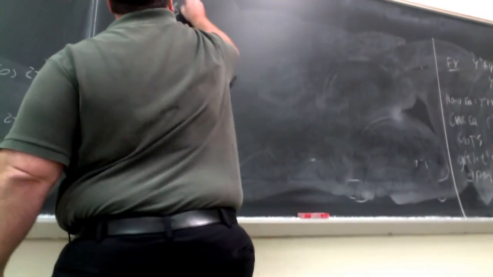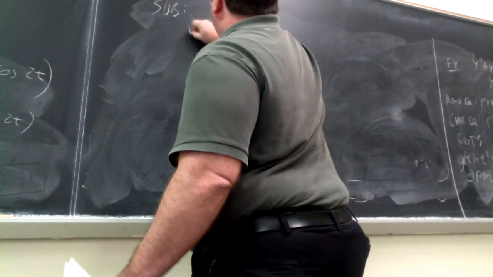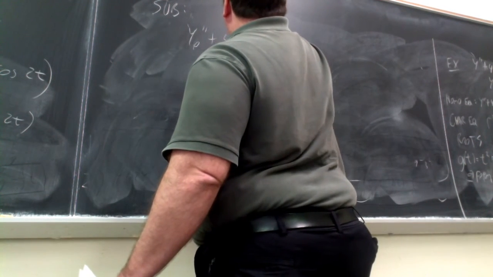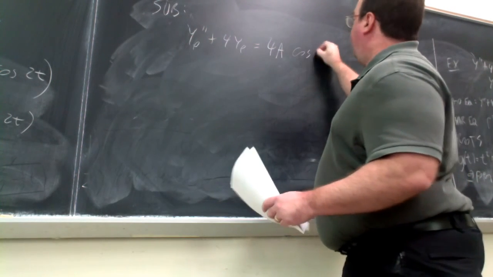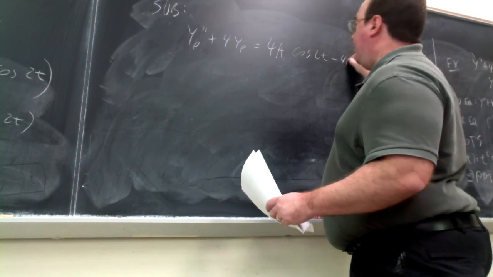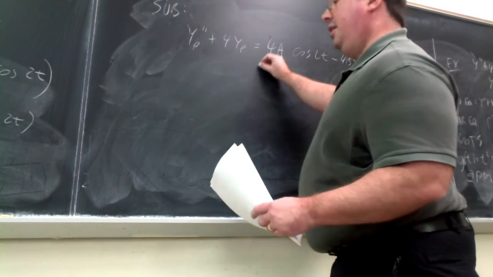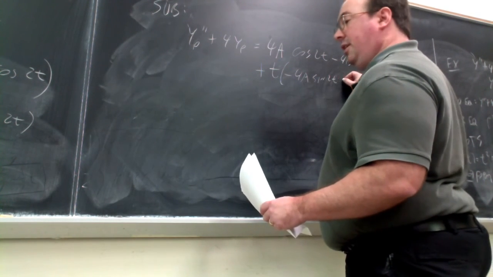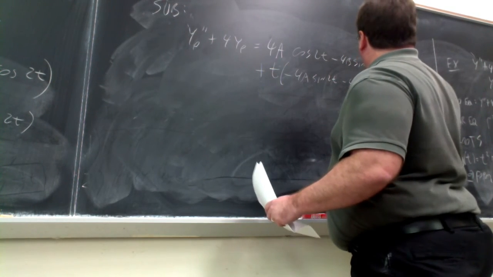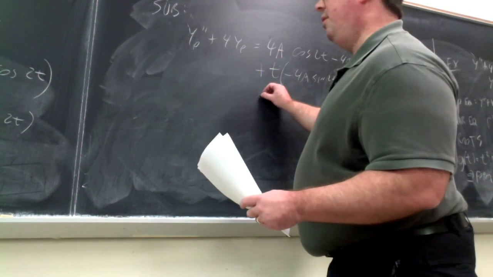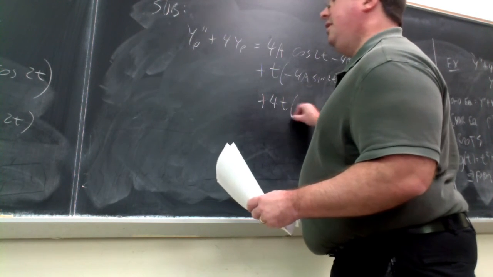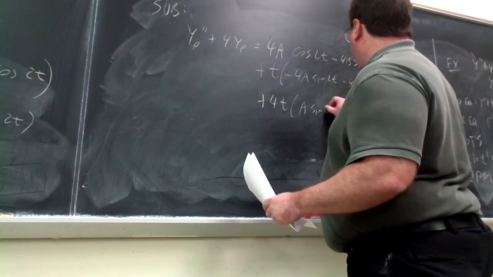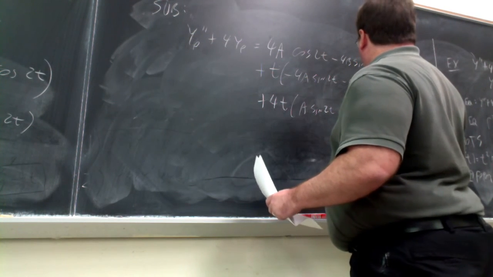So yp double prime plus 4yp is going to be 4a cosine 2t minus 4b sine 2t plus t times minus 4a sine 2t minus 4b cosine 2t, and then plus 4y, so plus 4t times a sine 2t plus b cosine 2t.